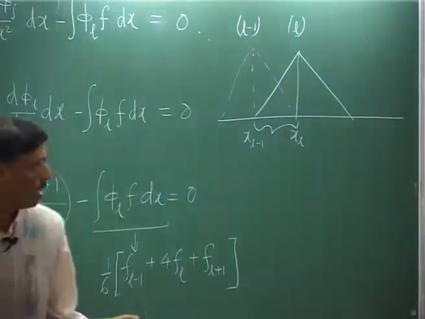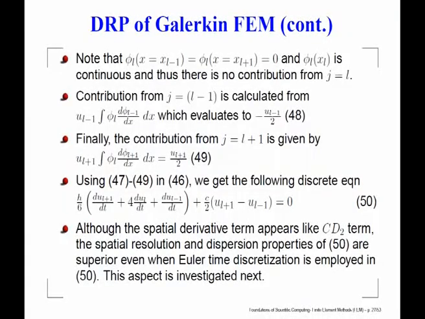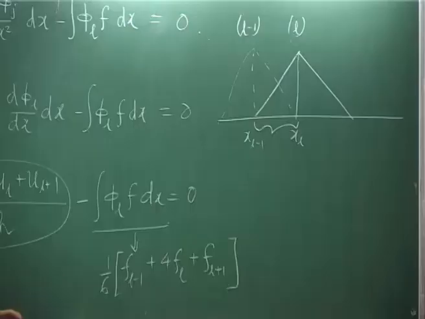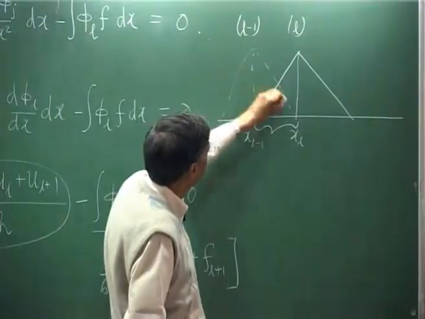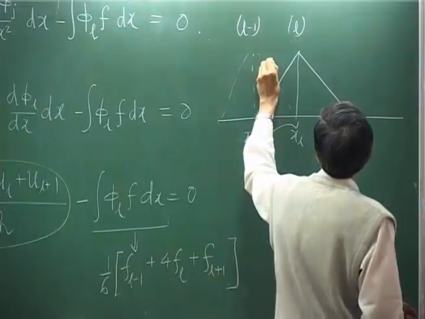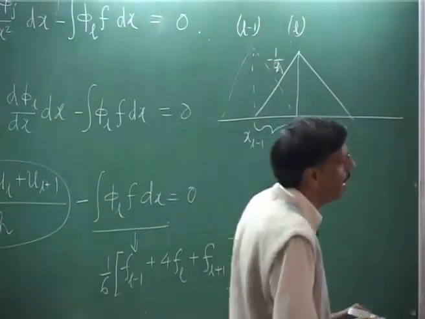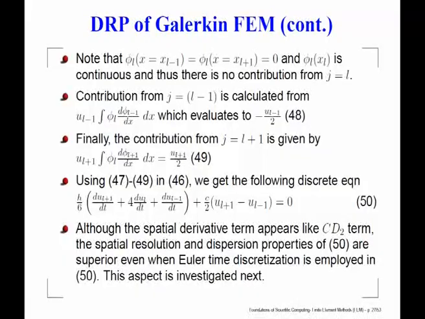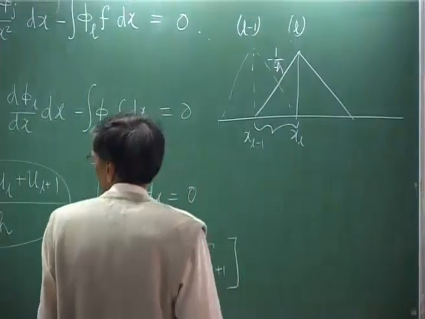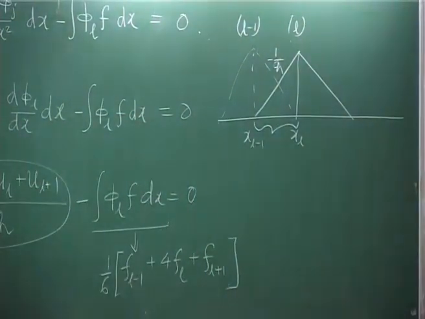So, that is what we do, and what is d phi L minus 1 dx? That is this slope, right. So, this slope is what we know is minus 1 over h, right. So, I will just simply replace this one by minus 1 over h, and the phi L expression we have written here, and we will see that would be this part.